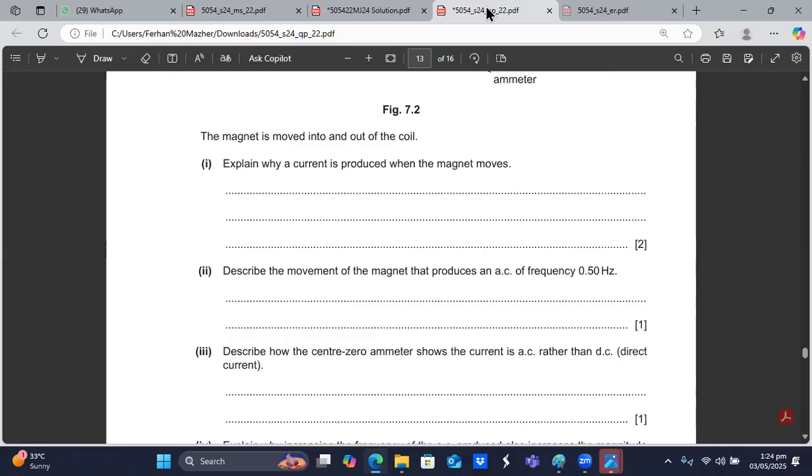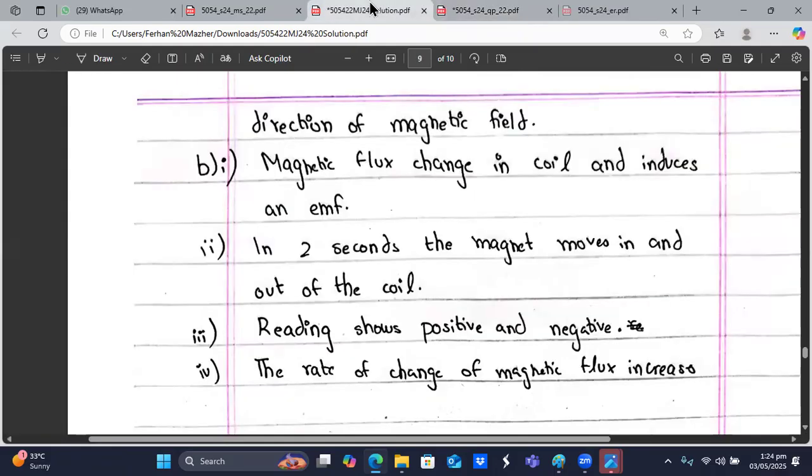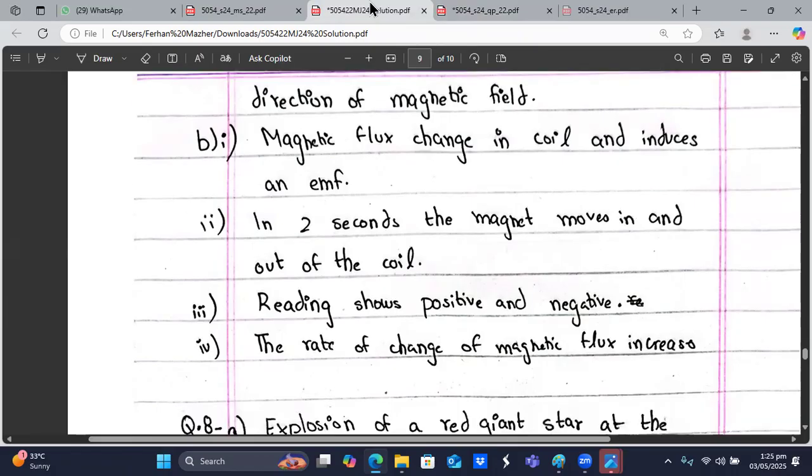Describe the movement of the magnet that produces an alternating current of the frequency 0.5 hertz. So if you want an alternating current of 0.50 hertz, your hand movement should also have this frequency. We can also say, and you can find the time period. Aima has written the time period there.